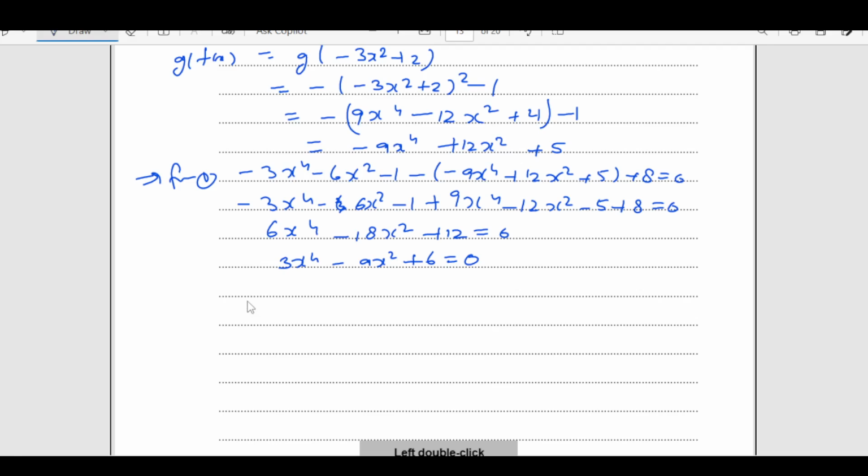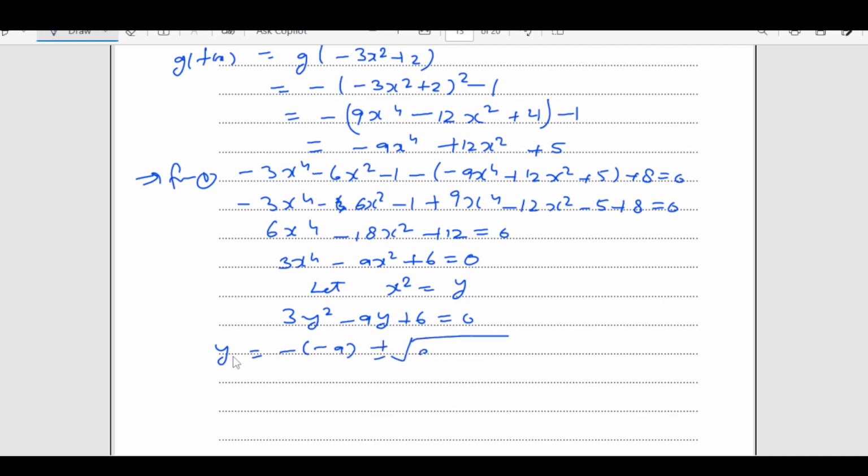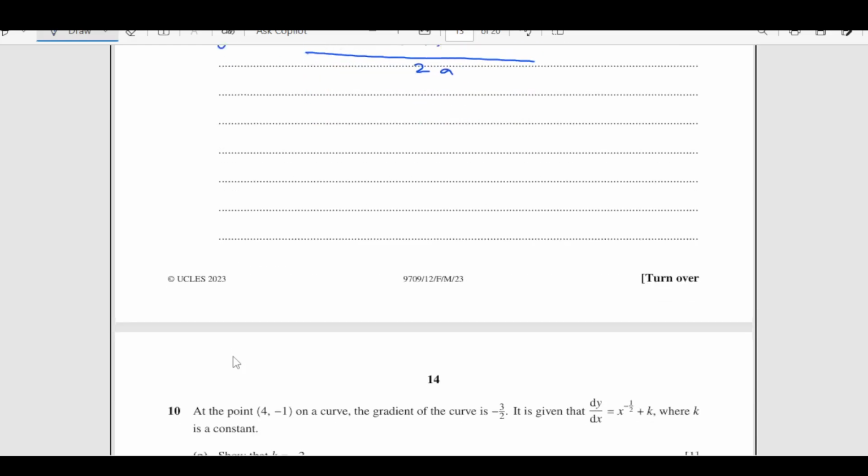Then let's say now, this is x to the power 4, so we can put x squared as y. So this will become 3y squared minus 9y plus 6 is equal to 0. So use the quadratic formula for that. Minus b, which is minus negative 9, plus minus the square root of b squared, negative 9 squared, minus 4ac, over 2a, right?